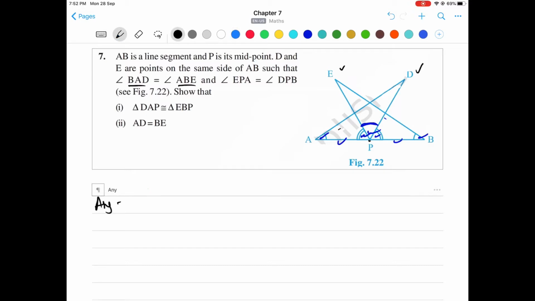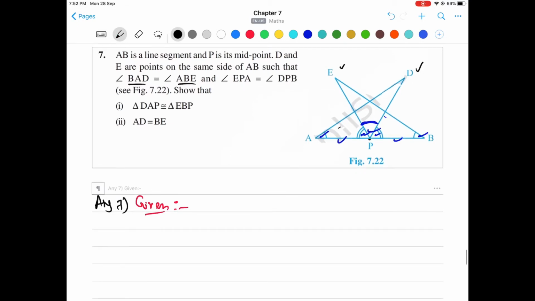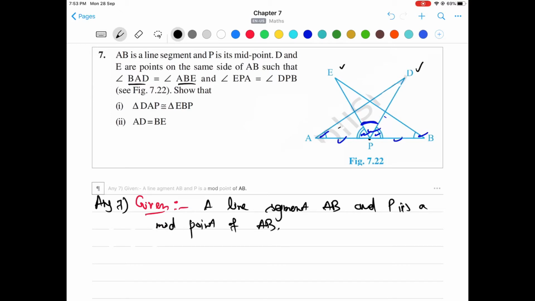Number 7, we'll first write the given. Given here is a line segment AB and P is the midpoint of AB.